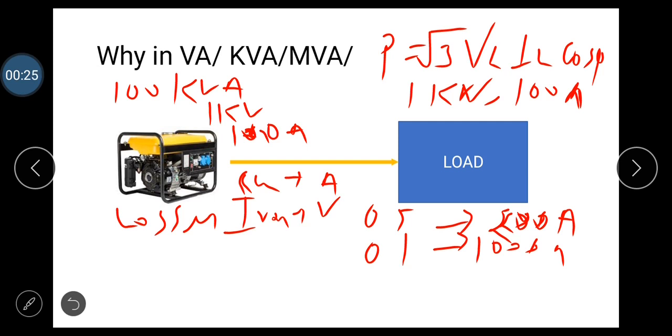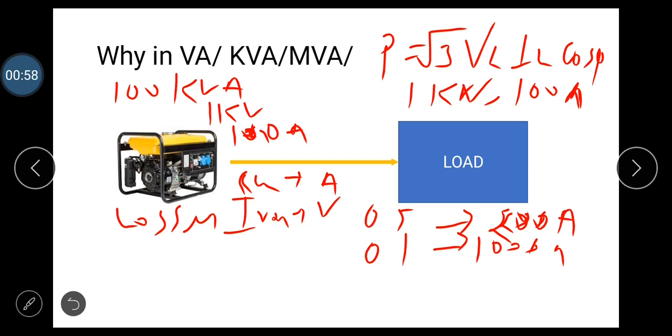For all the power factors the alternator can supply it, but it can offer only a maximum of 100 kVA, because the maximum rating of the voltage and the 100 amps is the maximum current capacity of this alternator. So all together, an apparent power of 100 kVA can be delivered.